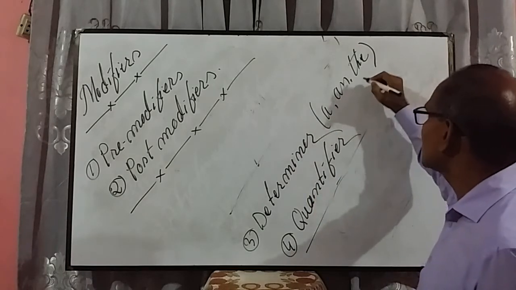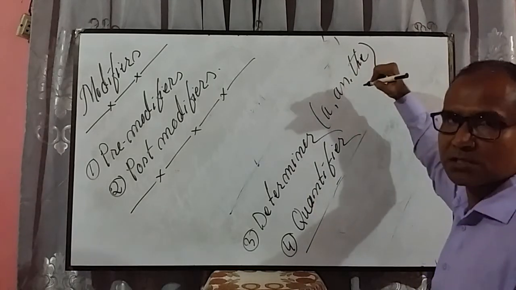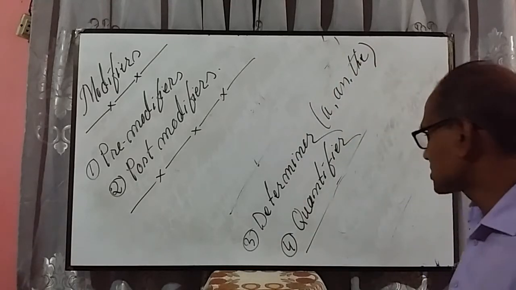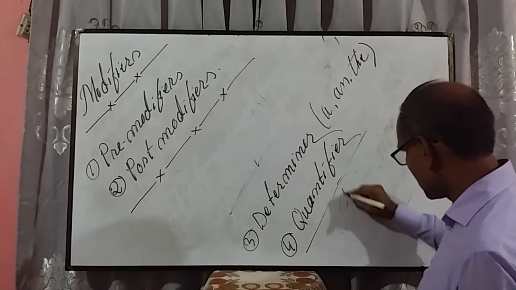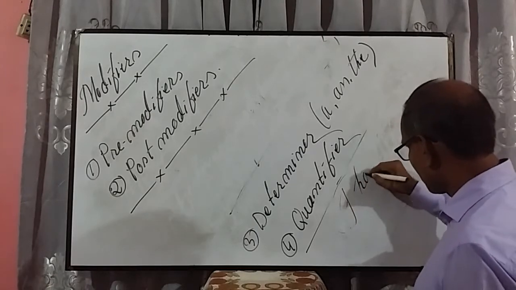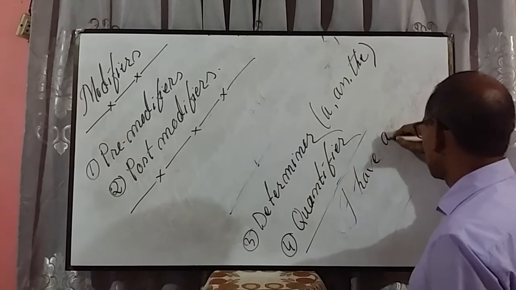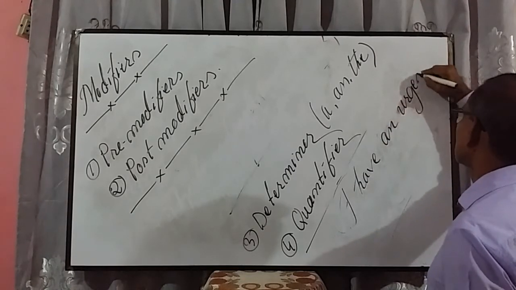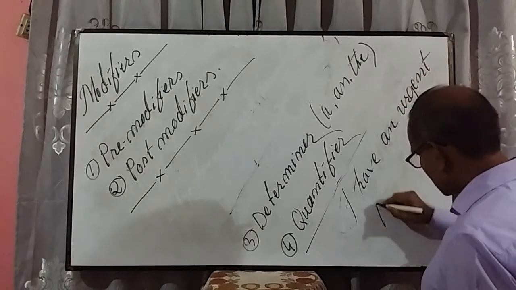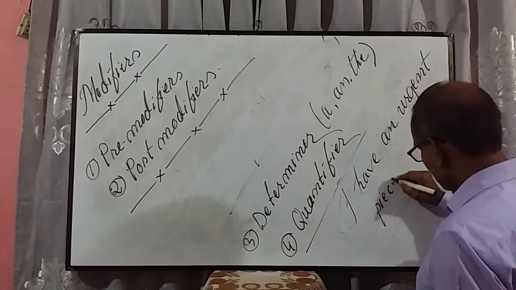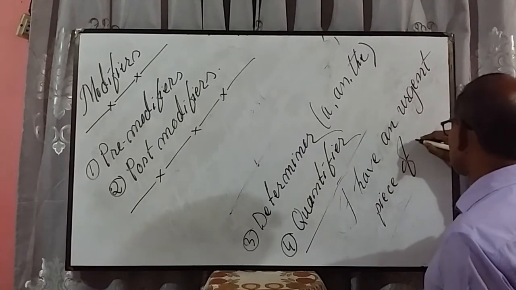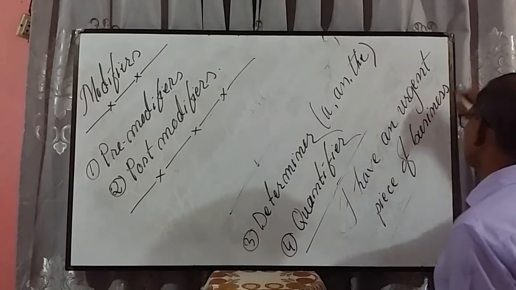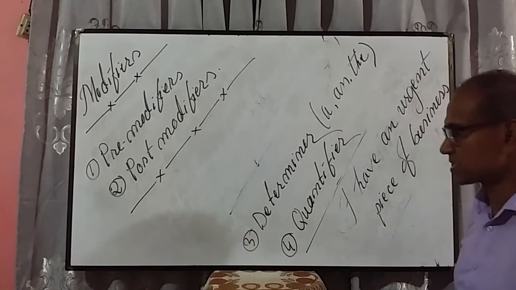So a and an, these articles are commonly used as determiners. For example: I have an urgent piece of business.